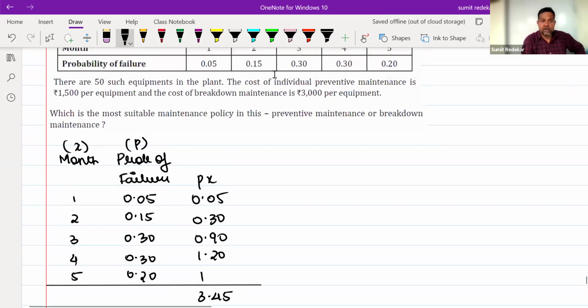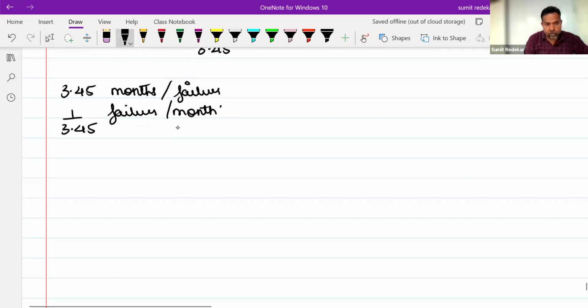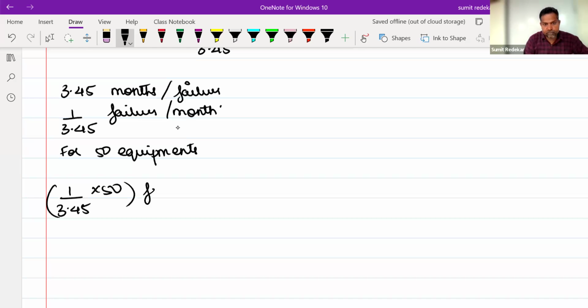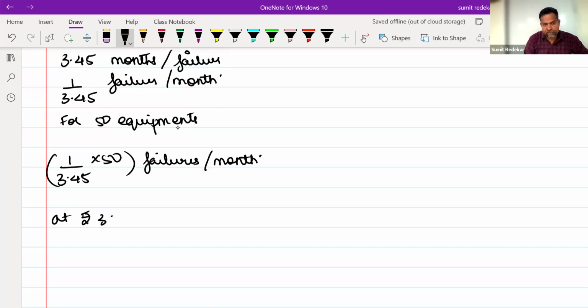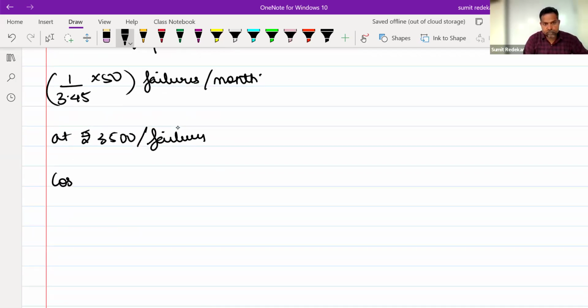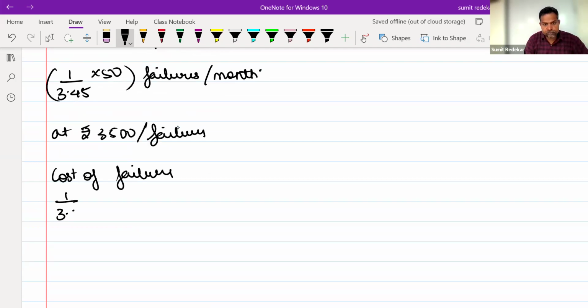How many equipments do you have? 50. So I will say therefore, for 50 equipments, it is 1 upon 3.45 into 50 failures per month at rupees 3500 per failure. Cost of failure is per month.